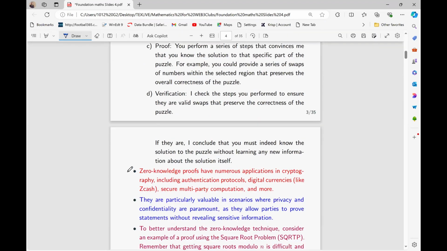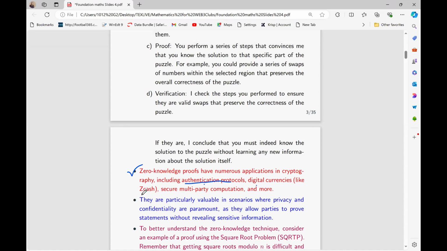Now, why do we study zero knowledge? I've said that zero knowledge proofs have numerous applications in cryptography. Some of the applications are authentication of protocols, digital currencies like Zcash. They use zero knowledge, and we shall see which one they use.